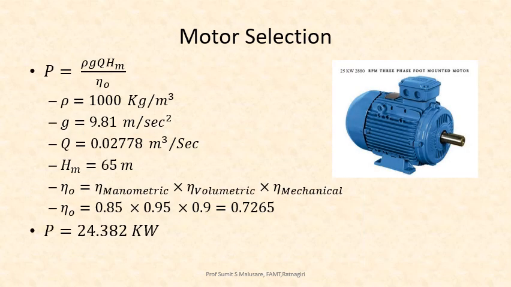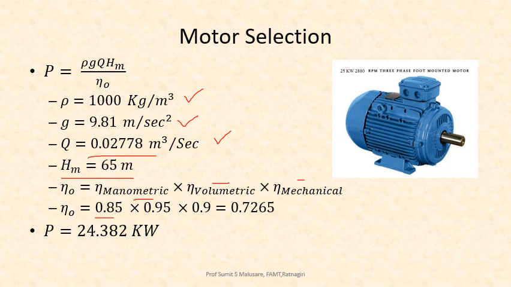Now next, motor selection. Power P is equal to rho g Q into HM divided by overall efficiency. What is the value of rho for water? 1000 kg per meter cube. g is 9.81 meter per second square. Q is equal to 0.02778 meter cube per second, and HM is equal to 65 meters. Overall efficiency is the combined effect of volumetric efficiency, mechanical efficiency, and manometric efficiency.